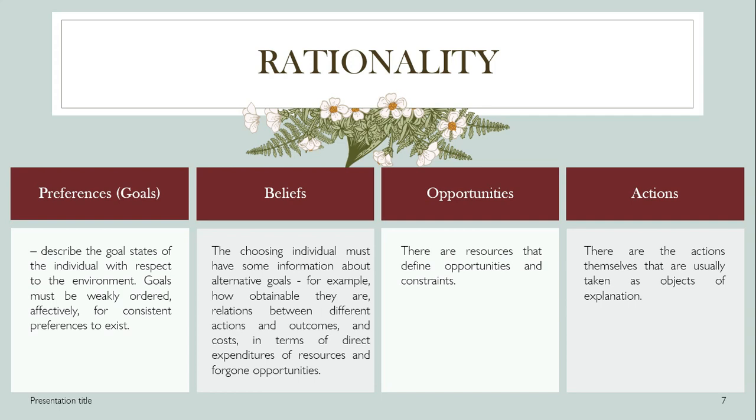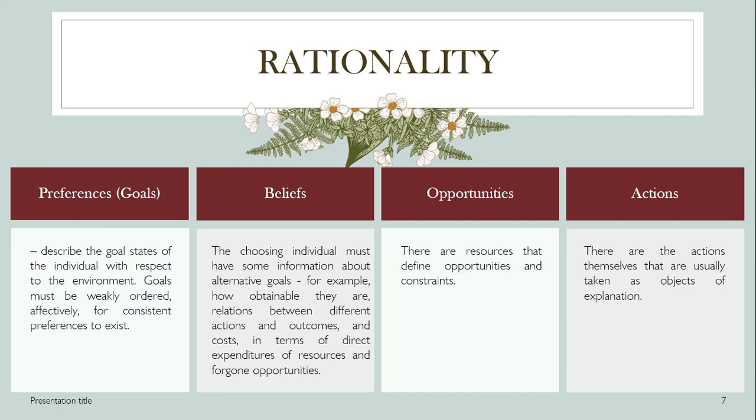For preferences, we have preferences that describe the goal states of the individual with respect to the environment. Goals must be weakly ordered effectively for consistent preferences to exist.